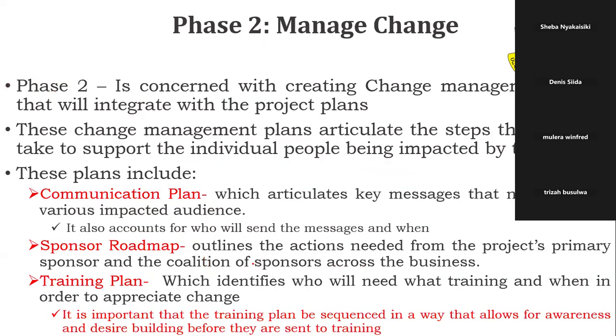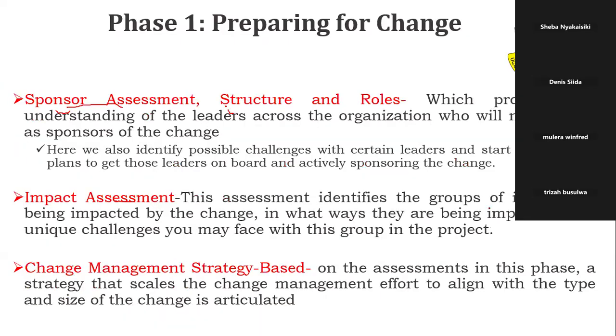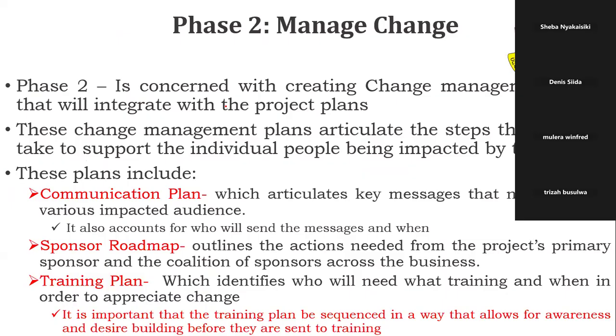Phase two is actually creating the change. This is where we make the plans to change. Before, you were brainstorming, but now you actually make the plans to come up with the change. First is communication, actually articulating to the people that change is coming and it's coming now.